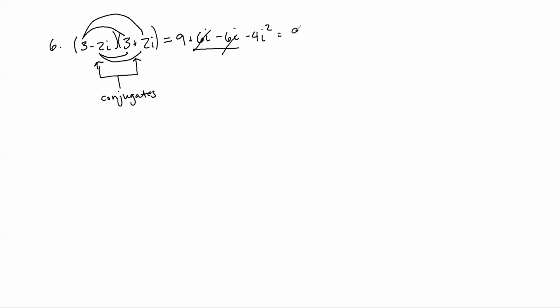So we have 9 minus 4 times negative 1. Now negative 4 times negative 1 is a positive 4. So 9 plus 4, which is 13. Now notice how we just ended up with a real number here because our imaginary parts canceled out. So that's what happens when we have conjugates.